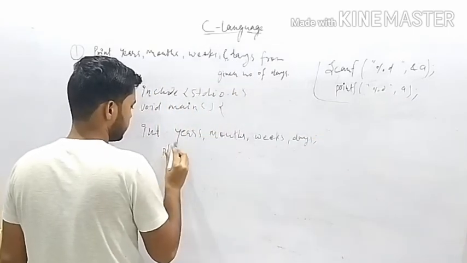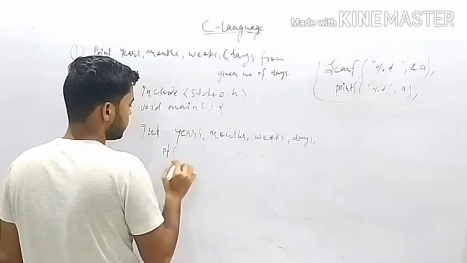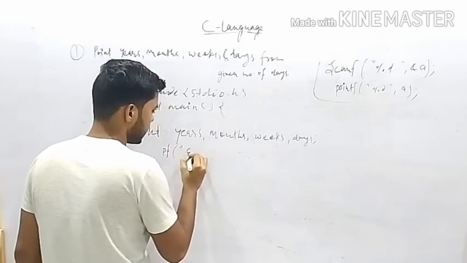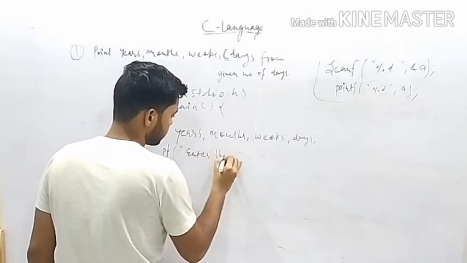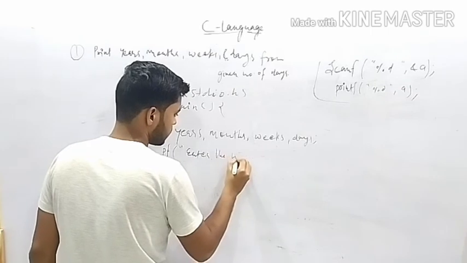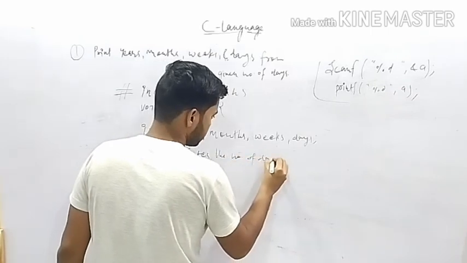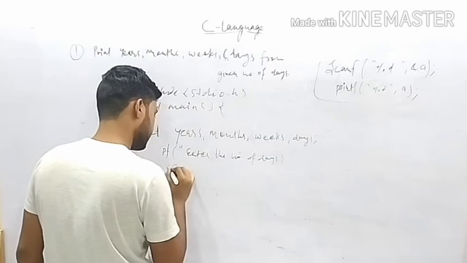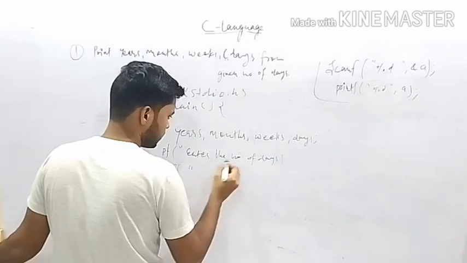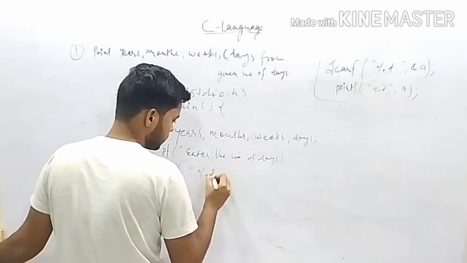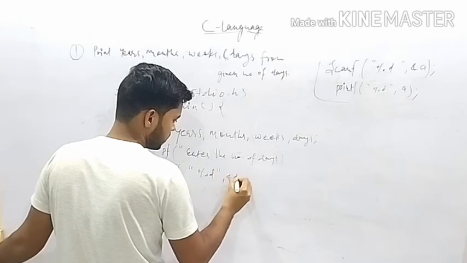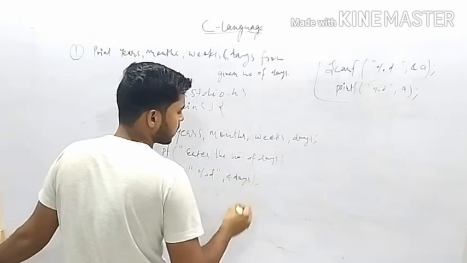Then pf means printf. Enter the number of days. Okay, sf means scanf. The number of days will be stored in the days variable.